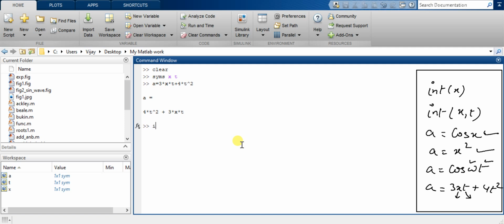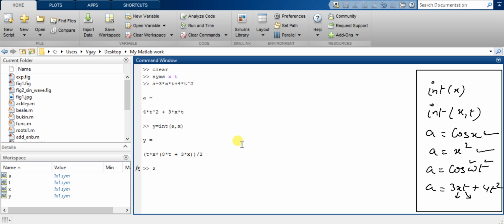Now you can integrate it. Integrate a with respect to, first let's say we want to integrate with respect to x, and let's store this result in y. When you integrate this, y will store t x bracket 8t plus 3x divided by 2. Now we can also find integration of this with respect to t also.